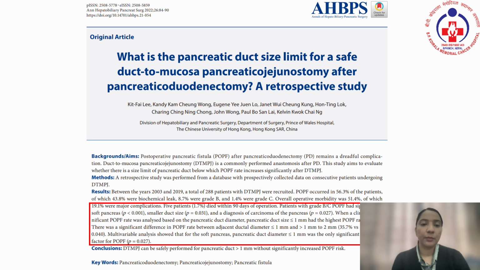They mentioned that the post-operative pancreatic fistula is not more in the duct that is more than 1 mm, and concluded that duct to mucosa pancreaticojejunostomy can be safely performed for pancreatic ducts more than 1 mm without any significantly increased risk of POPF.